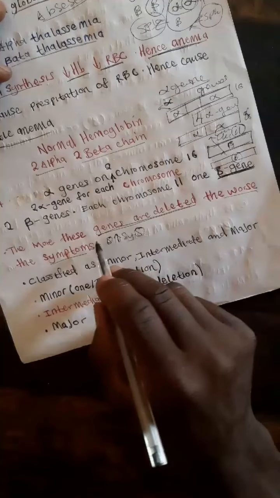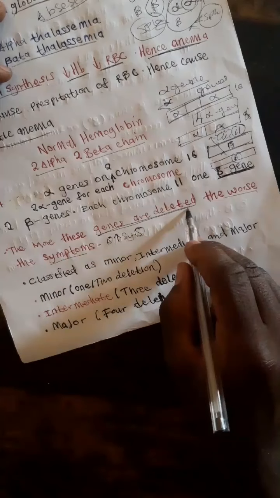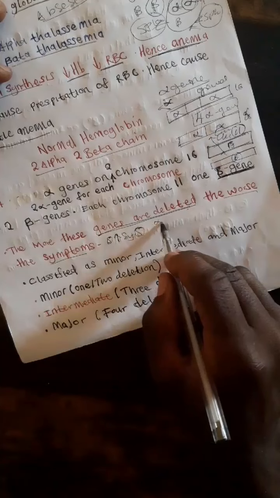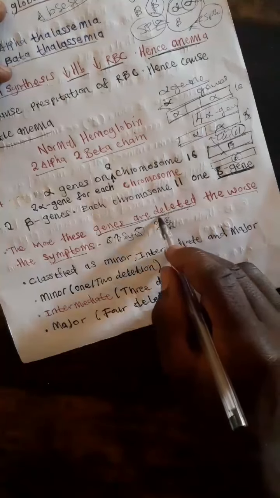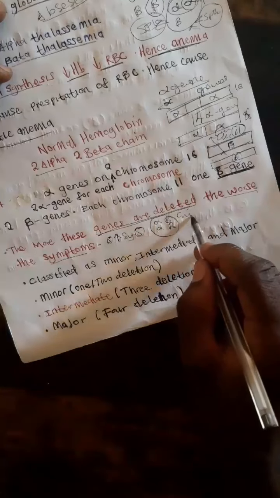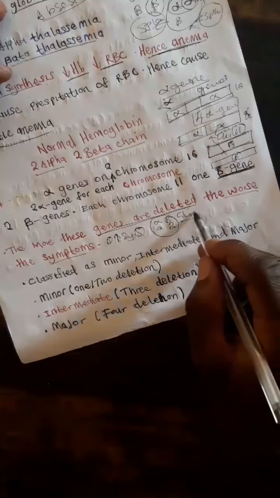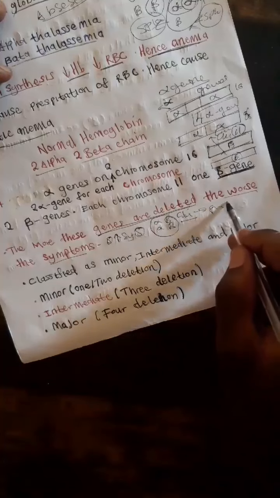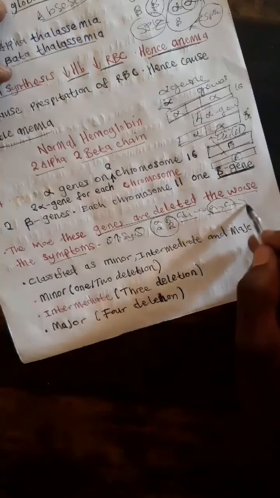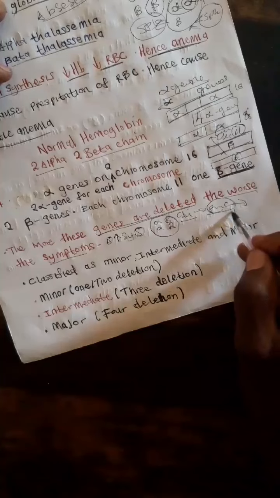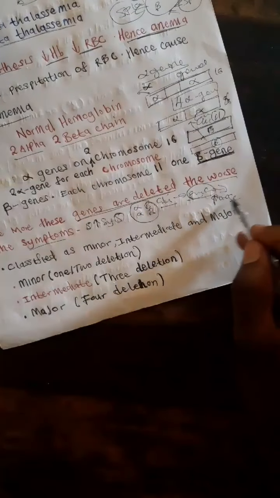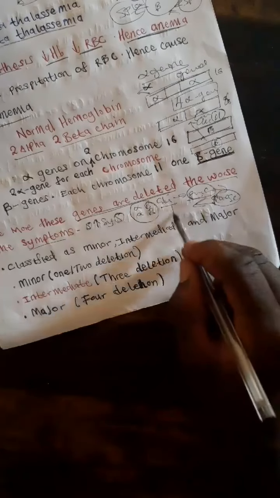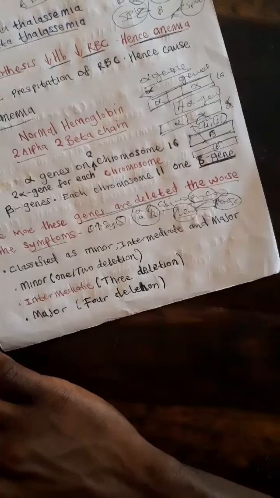Because the more the genes are being deleted, the more unpaired globin remains. So the more unpaired, the more the precipitation. The more the precipitation, the more the spleen is sensing. The more the spleen is sensing the abnormal cells, hence killing the red blood cells by hemolysis.